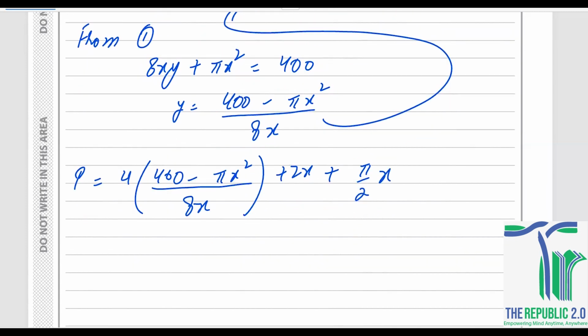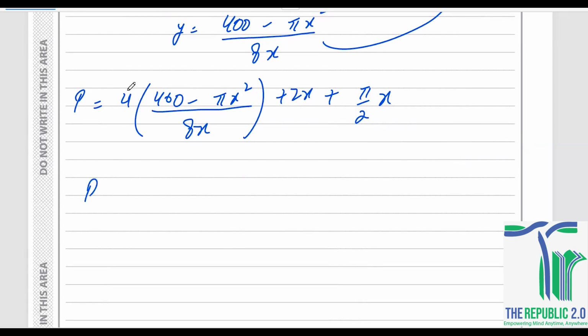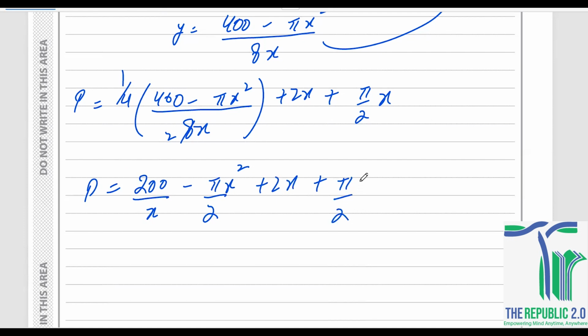Now I'm just going to solve it down. 4 over 8 gives 1 over 2, so we have 400 upon 2x, that is 200 upon x, minus (π/2)x², plus 2x plus (π/2)x, right?